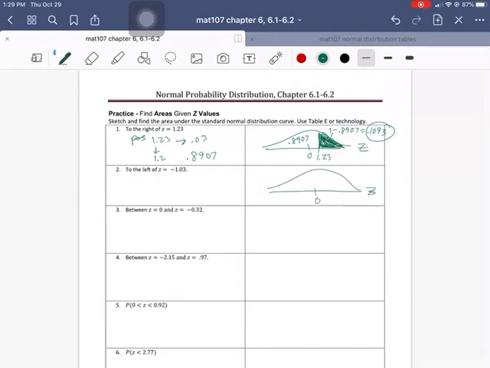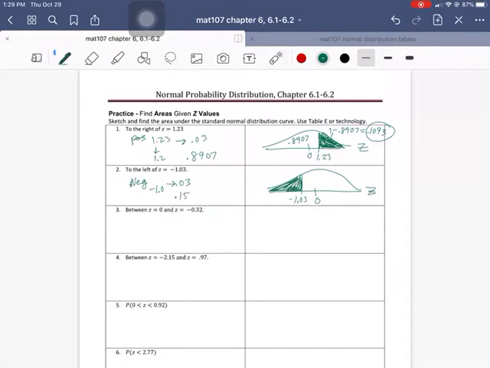Next one, negative 1.03. That's in here somewhere, negative 1.03, and it's to the left. So this way. So that's the number in the chart. So that's going to be on the negative table. And I'm going to go to negative 1.0 and over to 0.03.